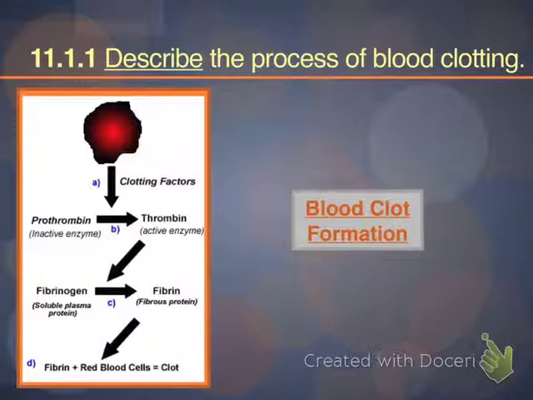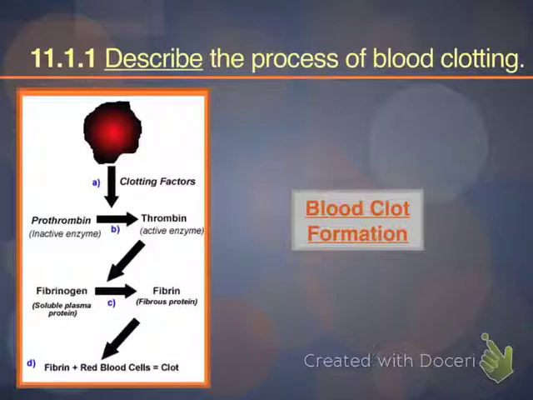This enzyme is required for a substance called fibrinogen to be converted to fibrin. So thrombin is the enzyme that allows fibrinogen to convert to fibrin. Now, fibrinogen has been a soluble protein in the plasma until now. So it's just been hanging out in the plasma waiting to be converted.